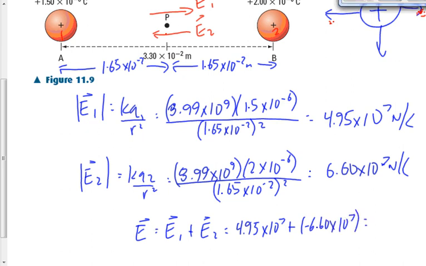We do the math, we should get, what is that going to be? 1 point, it's going to be negative, isn't it? Which tells us, of course, that we have a net field to the left, right? You guys okay with that?